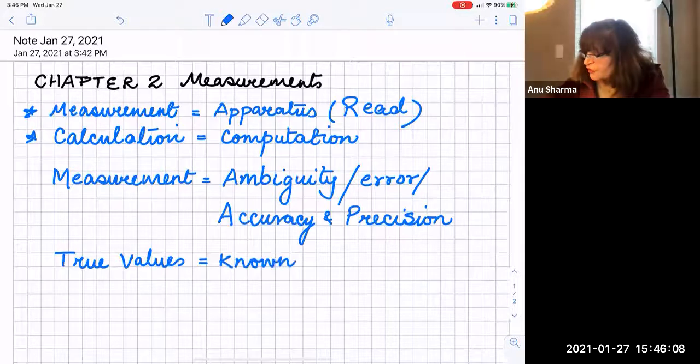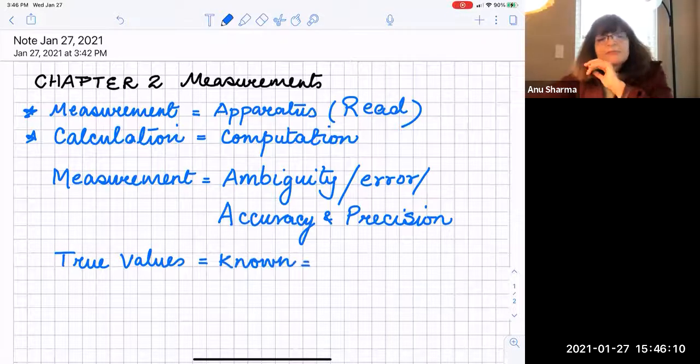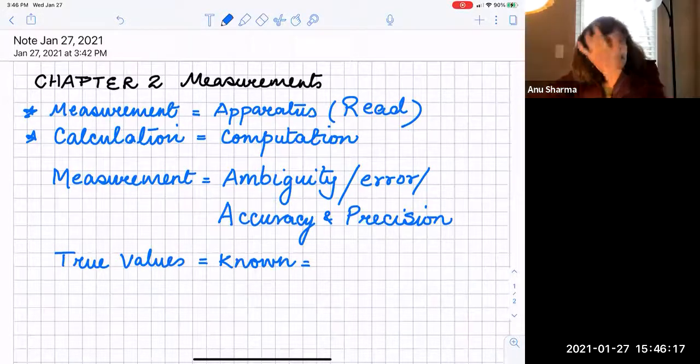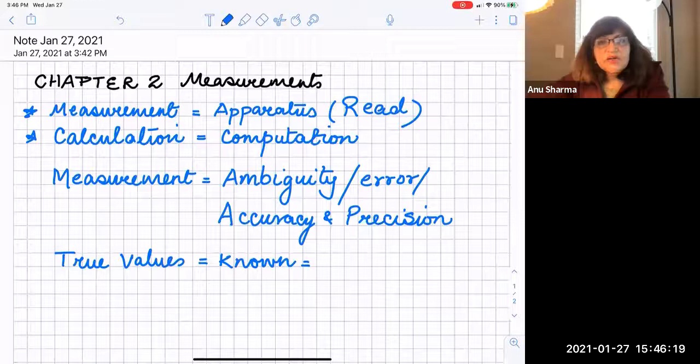For example, because in labs you're learning, maybe you're measuring the density of some object, and that density is already known. The professor already knows the density of that object, or the object is made up of a material that is already listed somewhere, on Google, searches, right? So this is a known quantity.